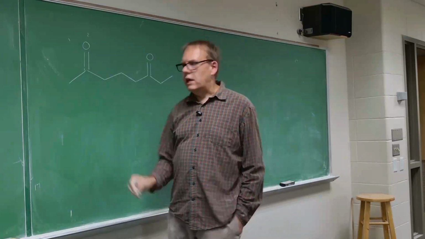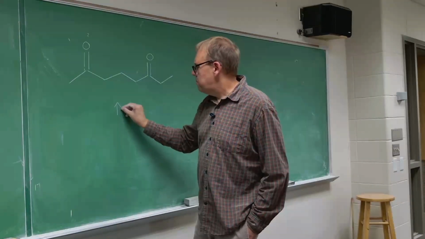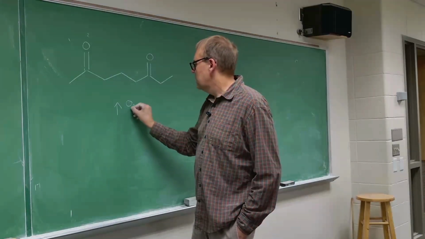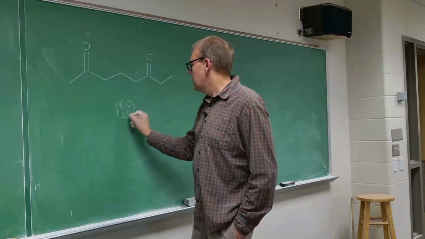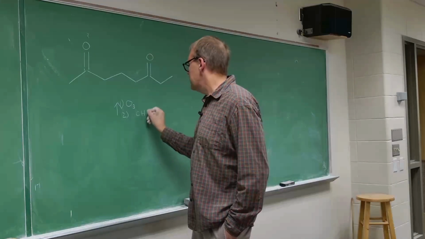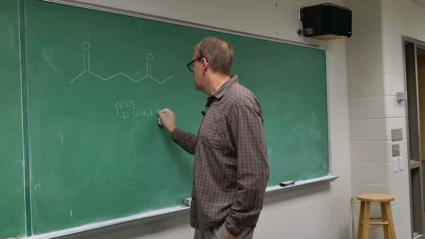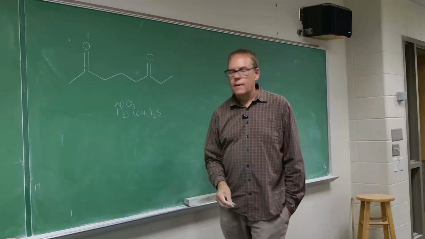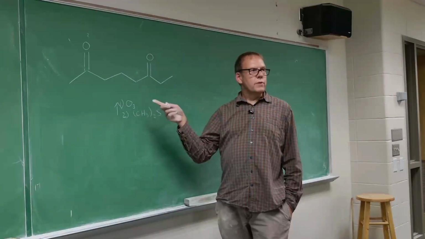Figure out an alkene that when you put in ozone in the first step and dimethyl sulfide in the second step would give you this. So you've got to think backwards with this one.